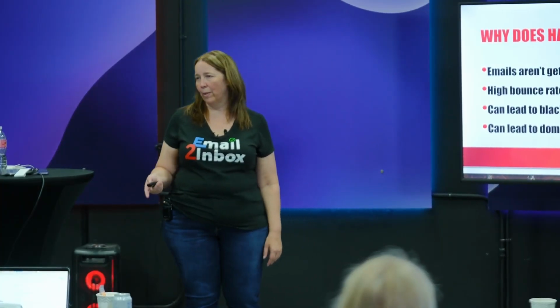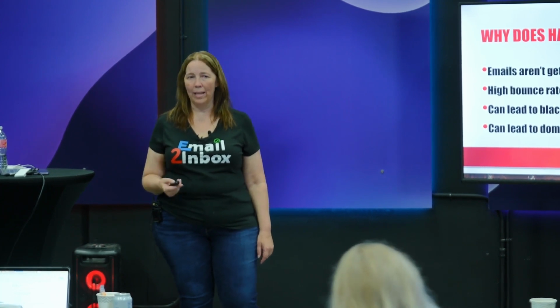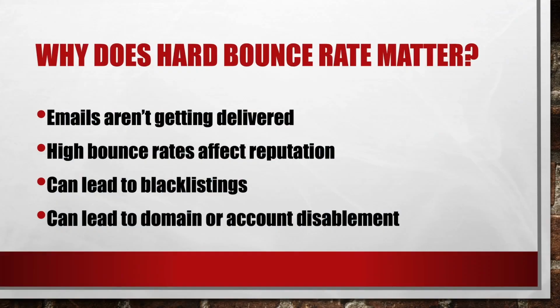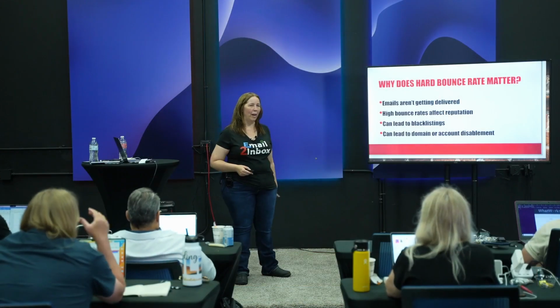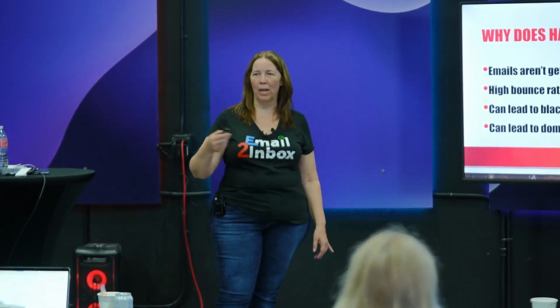If you have too high of a bounce rate and the SMTP provider doesn't like how high that is, they may just skip right over disabling the domain and be like, your account is shut down. Final decision. By the way, those are not final. If anyone ever has their Mailgun account shut down, just let me know and I'll help you work through the process of a final decision being reversed, okay?